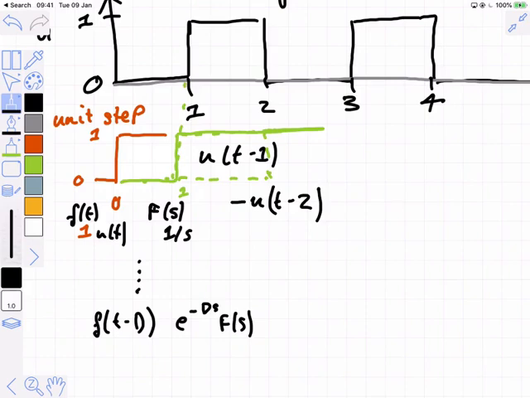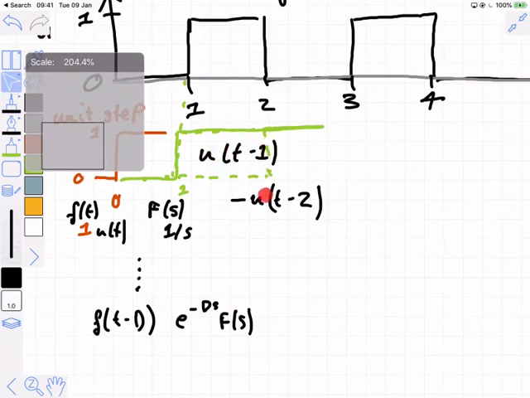Now, I hope you can kind of see the pattern now, because if I look at that and I see another one coming, and actually if I just had this, so u of t minus 1 minus u of t minus 2, I would have a single pulse input. Okay, so we see it's a step up followed by a step down.